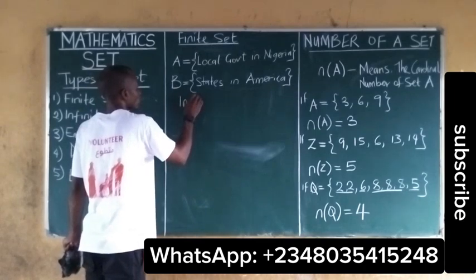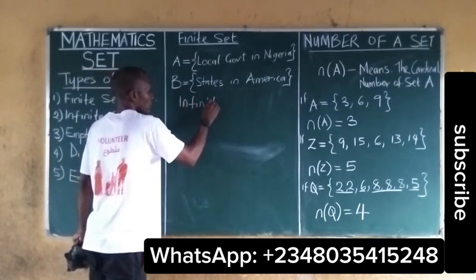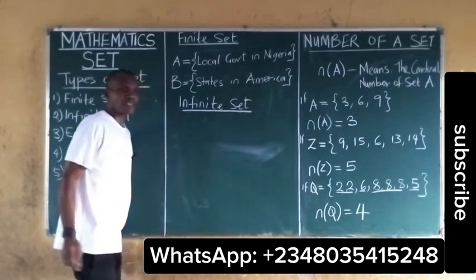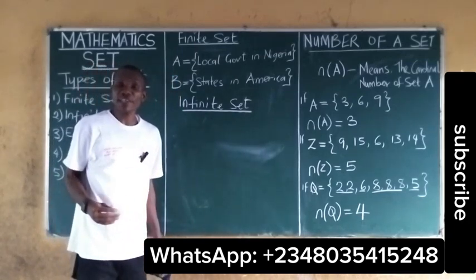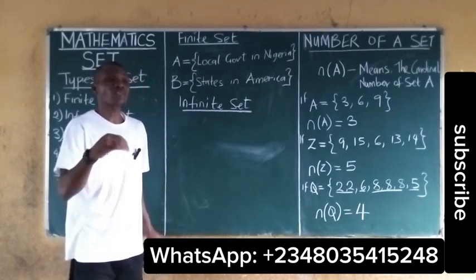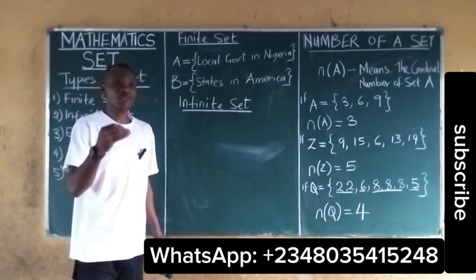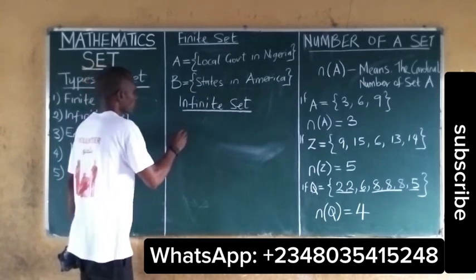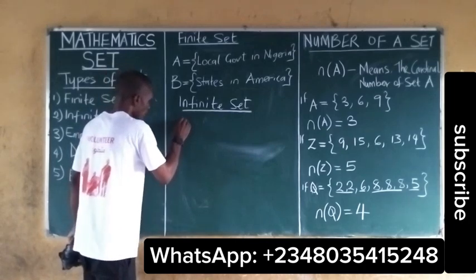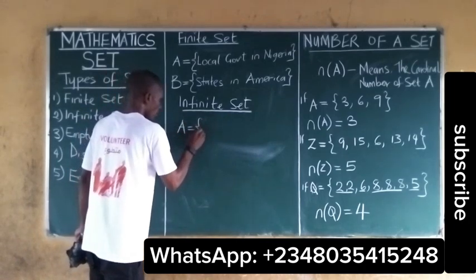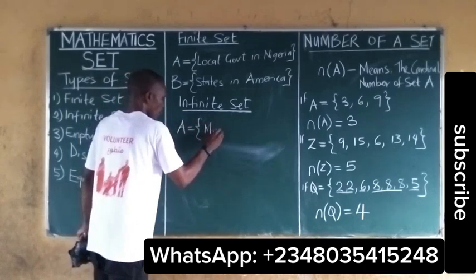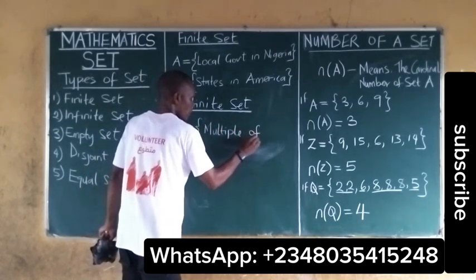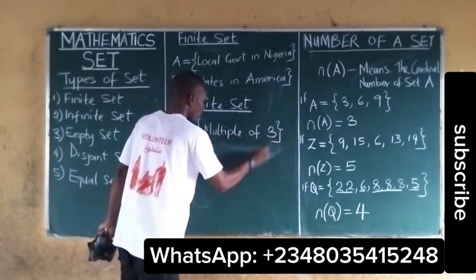This will now bring us to the infinite set. A set is said to be infinite if its elements cannot be counted. For example, A, multiples of 3, they cannot be counted.